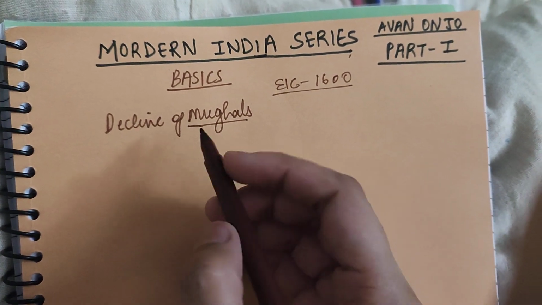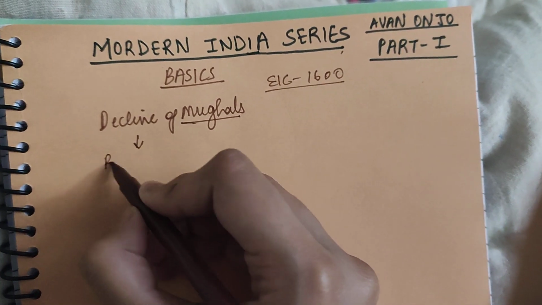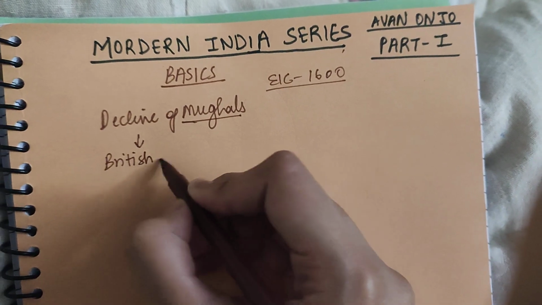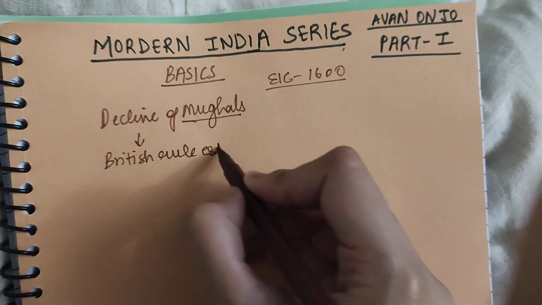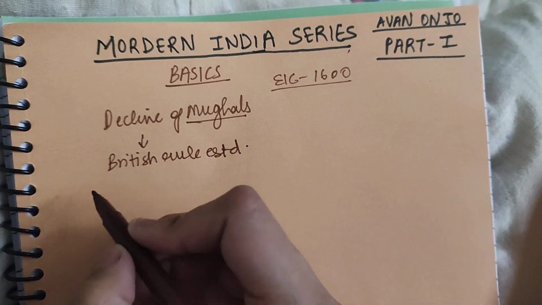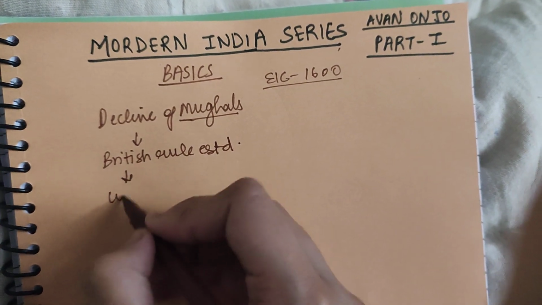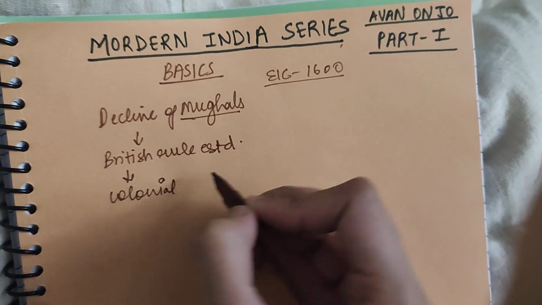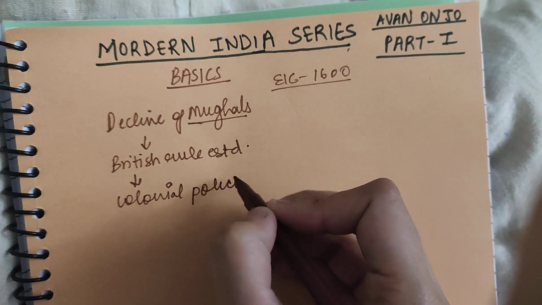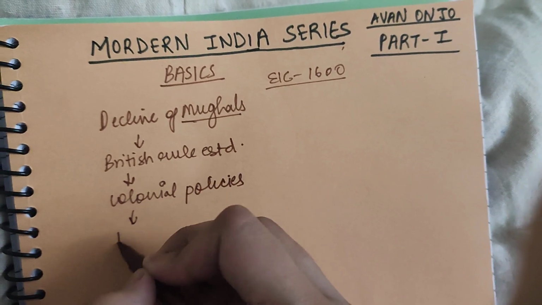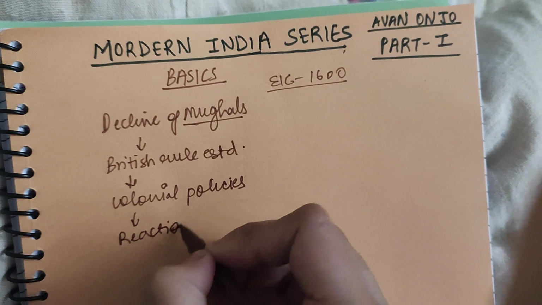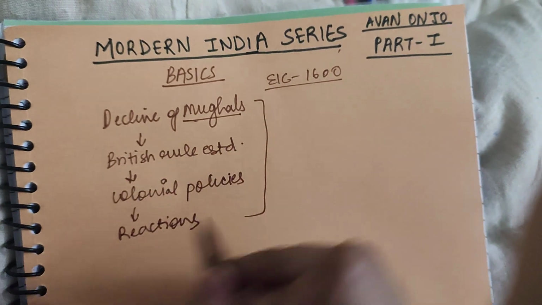Second, the British rule was established. Then we have all the colonial policies that they had, and of course this led to many reactions. So this is going to be the course of the videos.